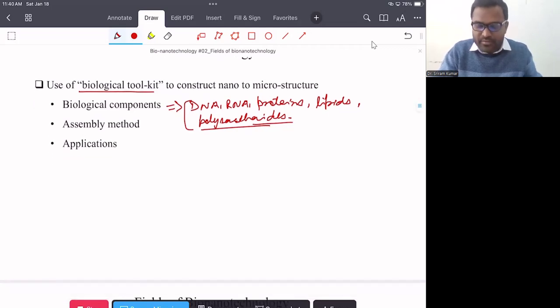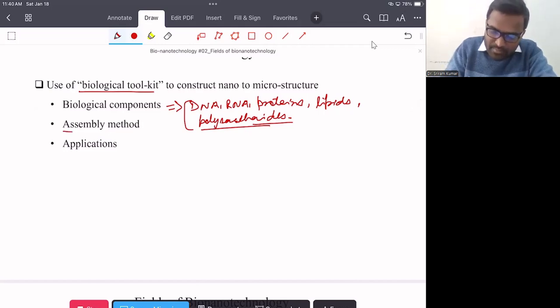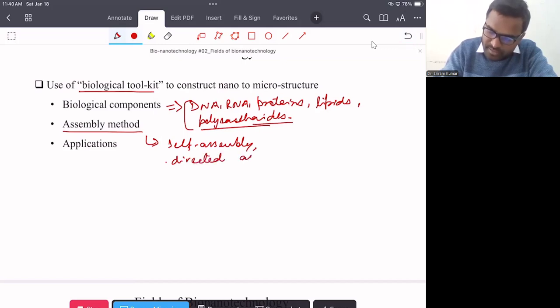And here we have the other application, that is the assembly-based application. In assembly-based application, we can use three kinds of assembly: self-assembly, directed assembly, and template assembly.